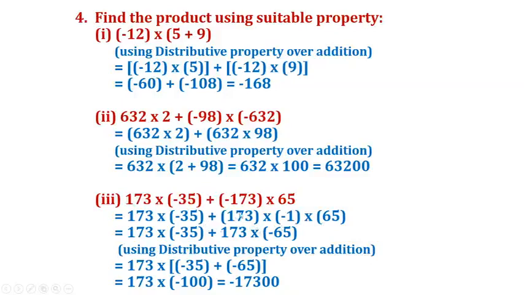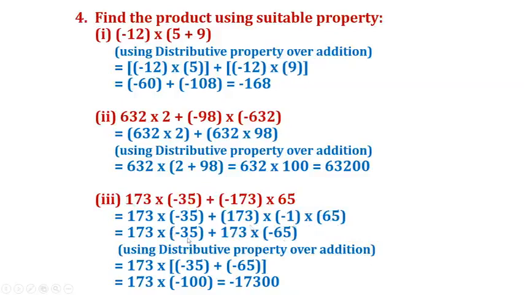I am taking minus 1 outside. Minus 173 you can write as 173 into minus 1. In the next step I am writing 173 into minus 35, and minus 1 I am multiplying with 65. So this will become 173 into minus 65.